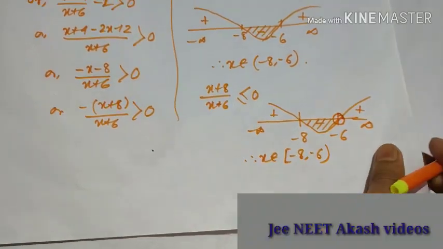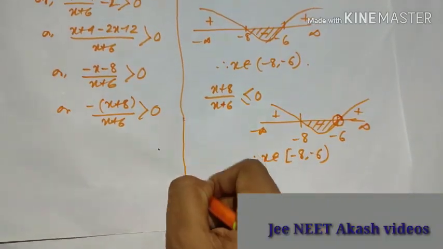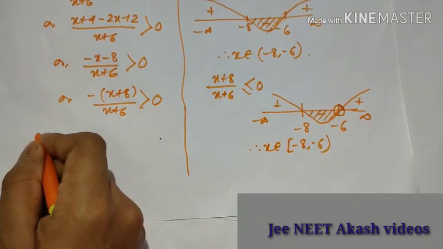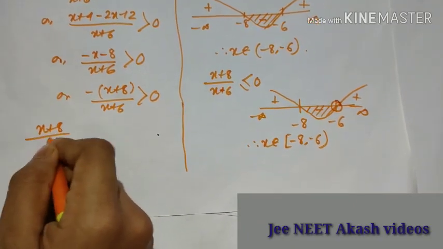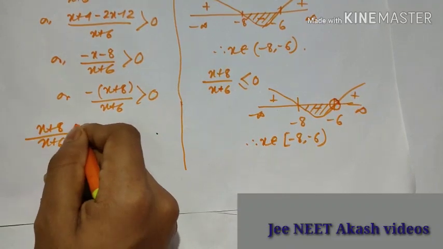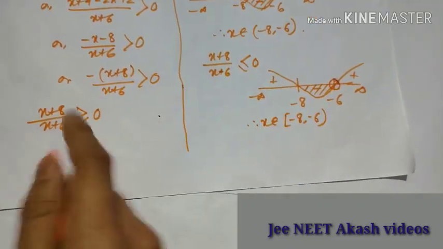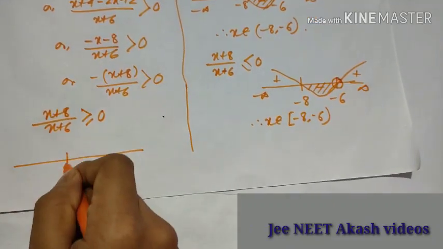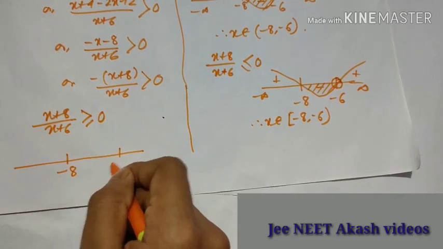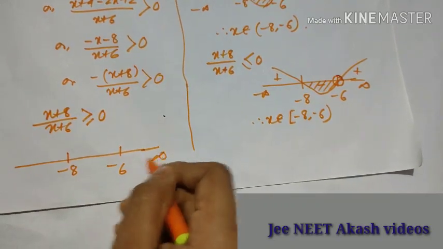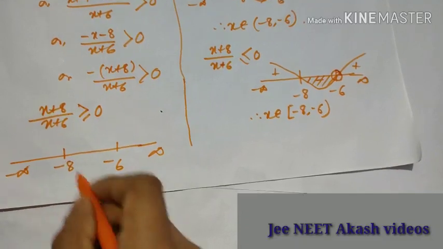Now similarly we take the problem but we change the sign. What we will get is this: -8, -6, infinity, minus infinity.